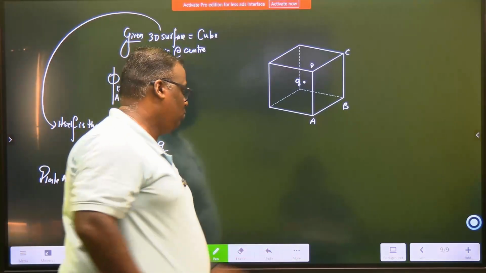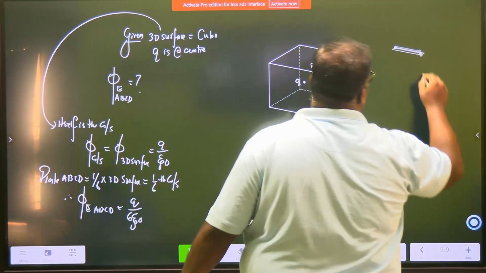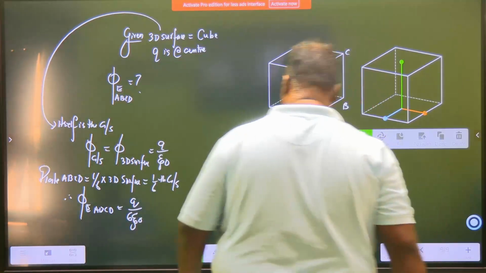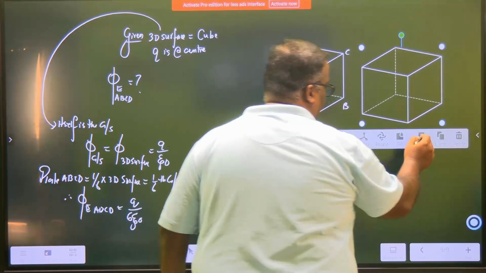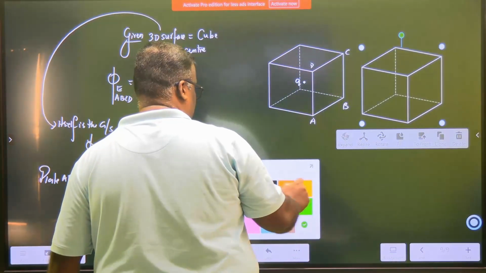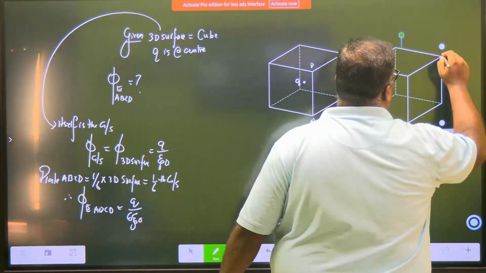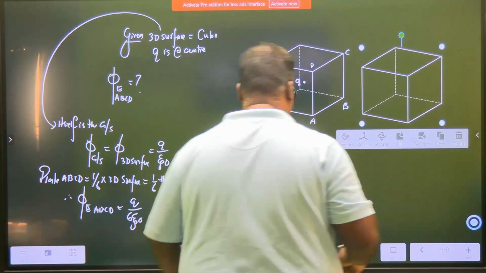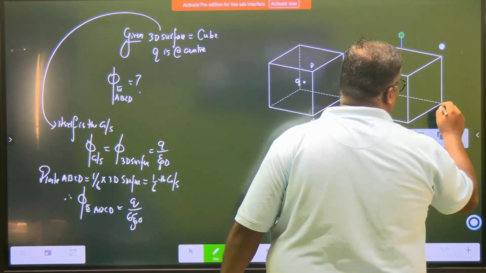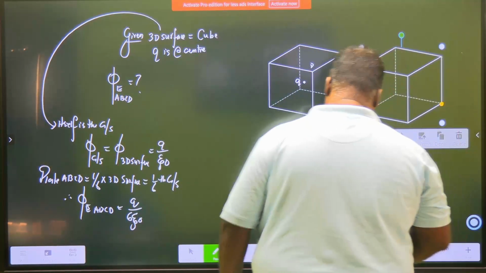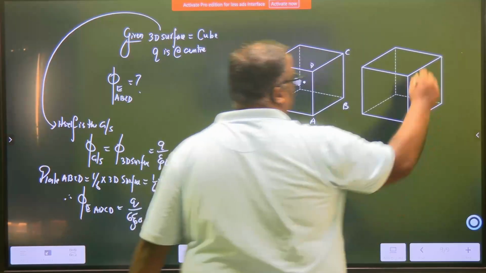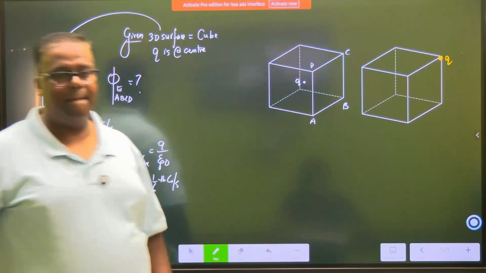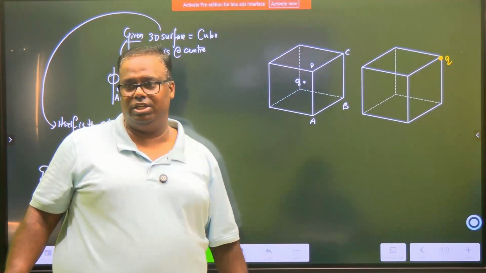The given 3D surface is a cube and the charge is here. This is Q. What is the flux through the given 3D surface?